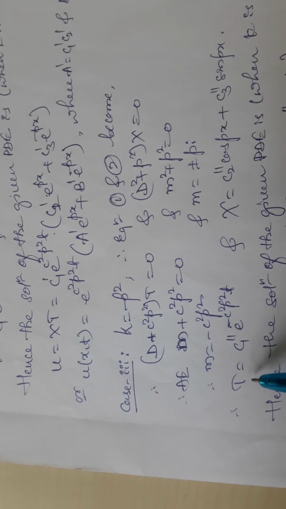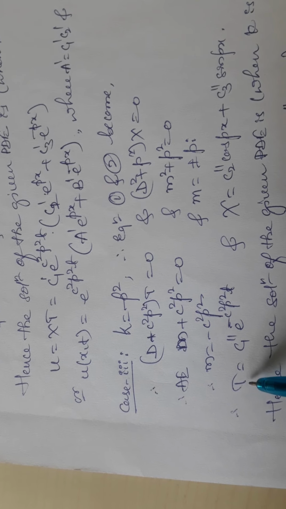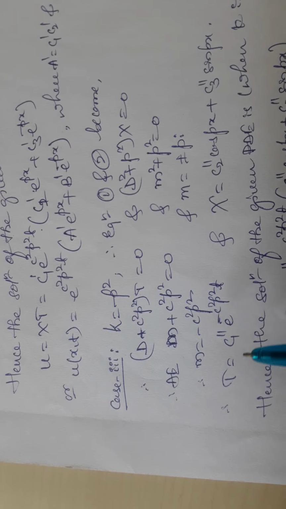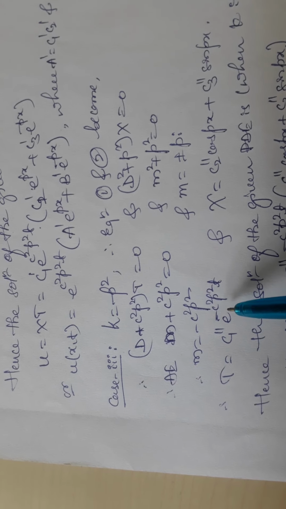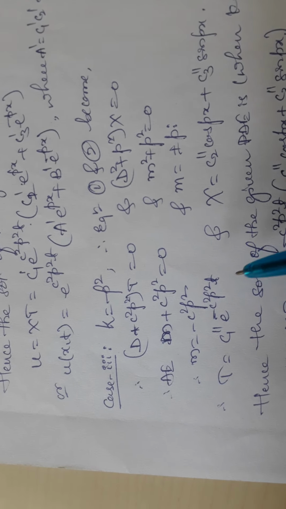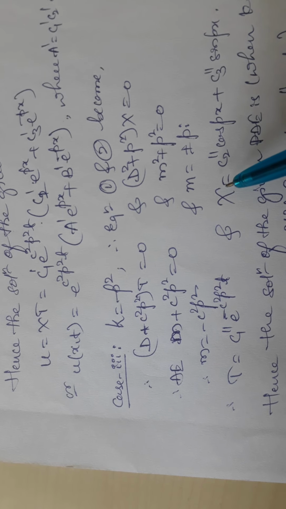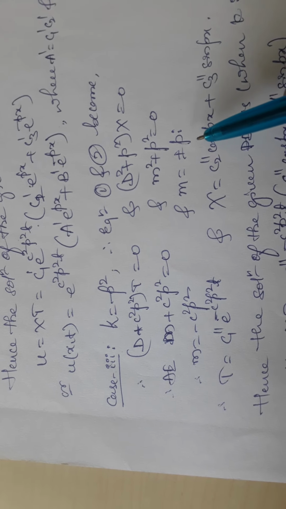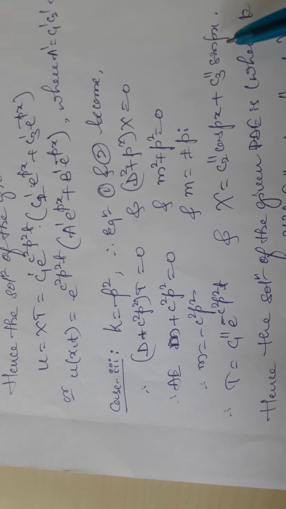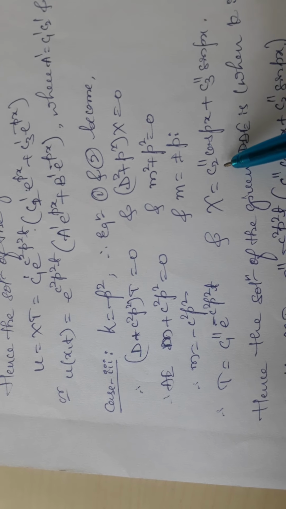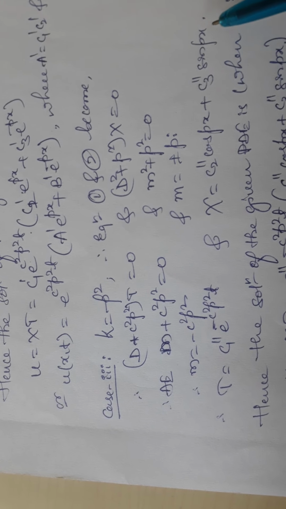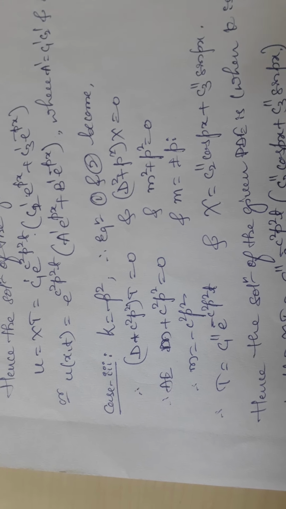Therefore the solution of the first equation, in terms of t, with only one root, is T equal to c1 double dash e to the power minus c squared p squared t. The solution of the second equation is in terms of x, and since the roots are purely imaginary, it is in terms of cos and sine: X equal to c2 double dash cos px plus c3 double dash sin px.